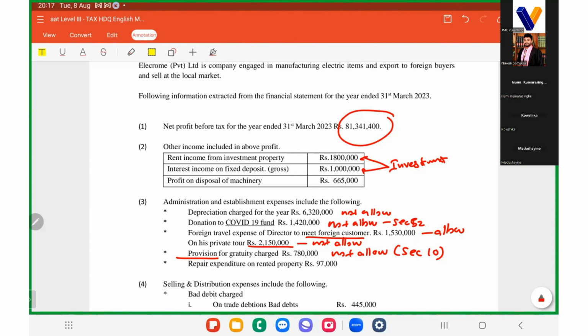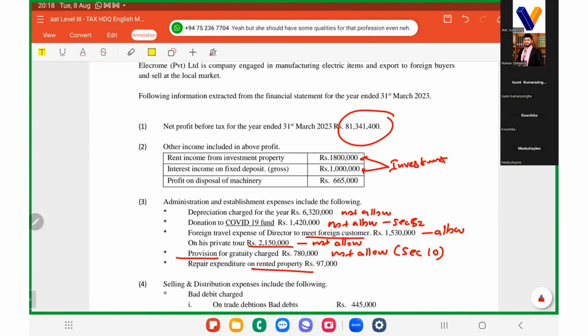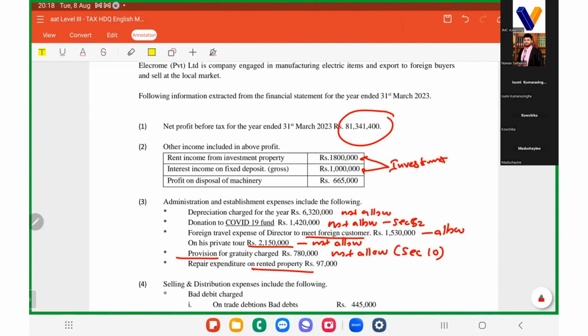Is that expense incurred for production of the business income? No. Therefore, you are not able to deduct that as an expense as per section 11. That is not allowed.